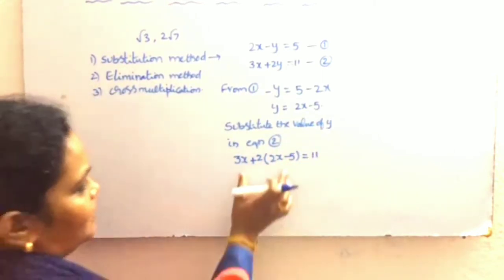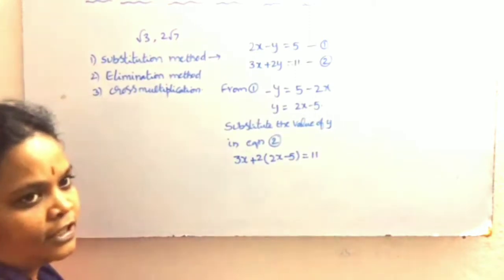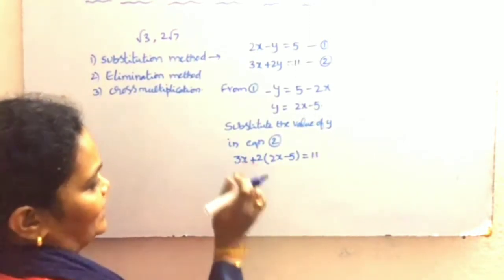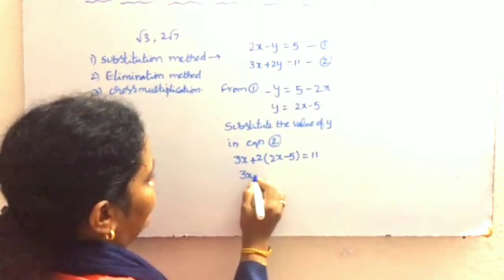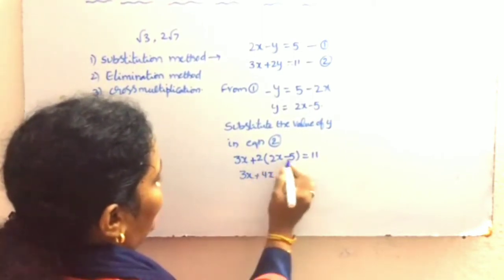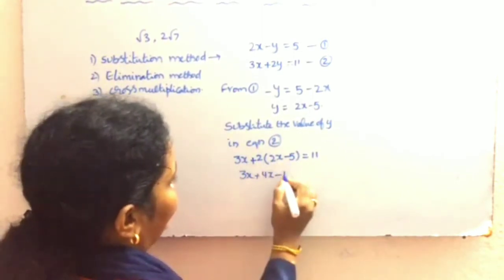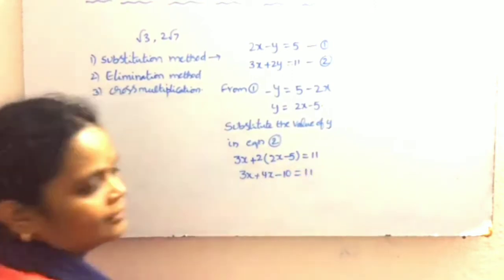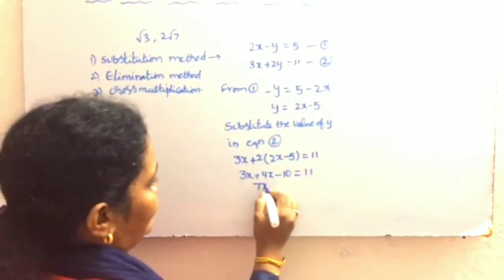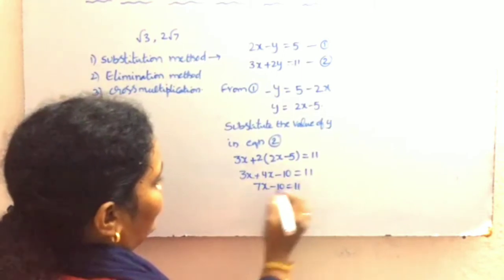Then this equation becomes a single variable equation. Now we will find the value of x. That means 3x plus 4x minus 10 equal to 11. So 7x minus 10 equal to 11.